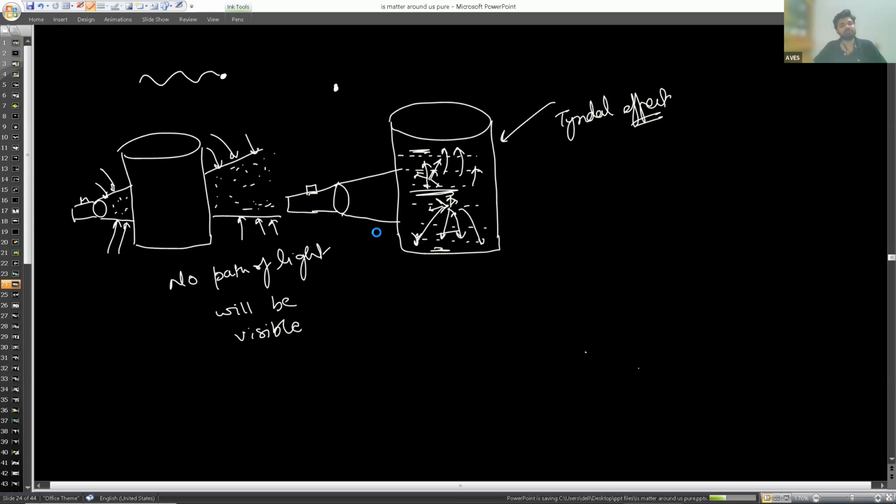And in the milk, the path is visible. This effect is called the Tyndall effect.